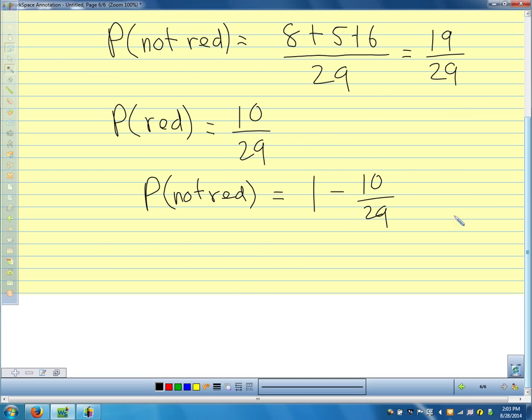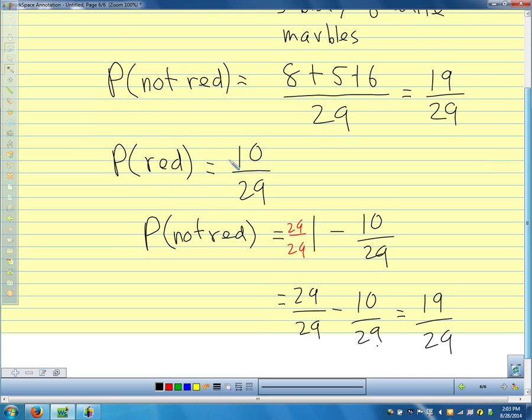And we do the same thing that we did before. What's our common denominator here? 29. Multiply by 29 over 29 to get a common denominator. So we get 29 29ths minus 10 29ths equals 19 29ths, just like we got doing it the other way.